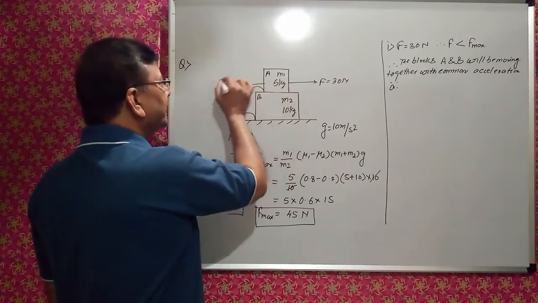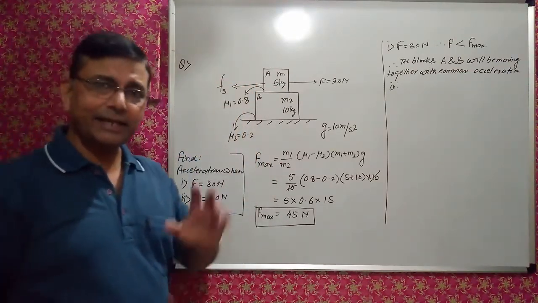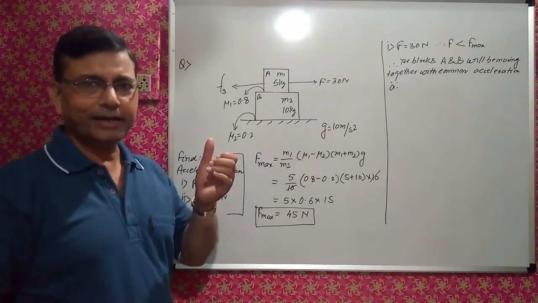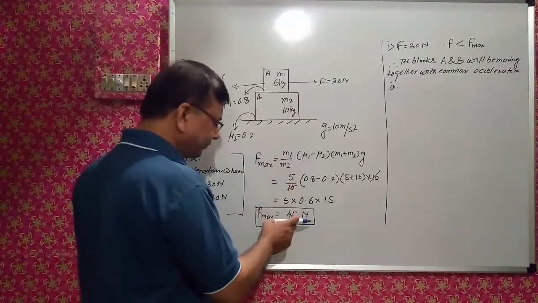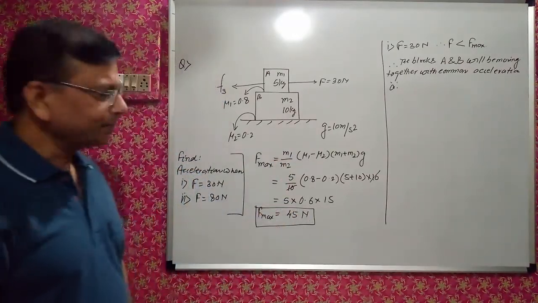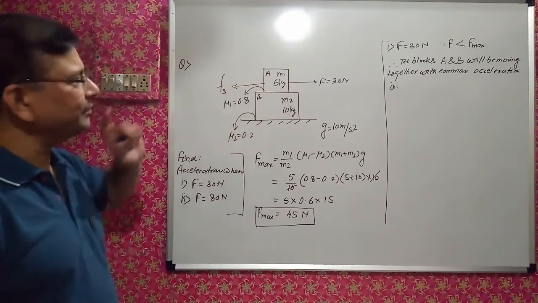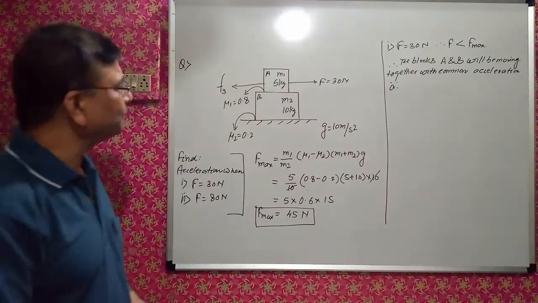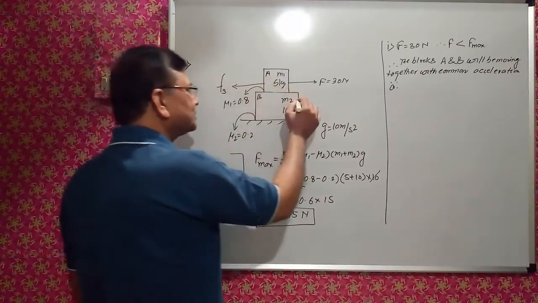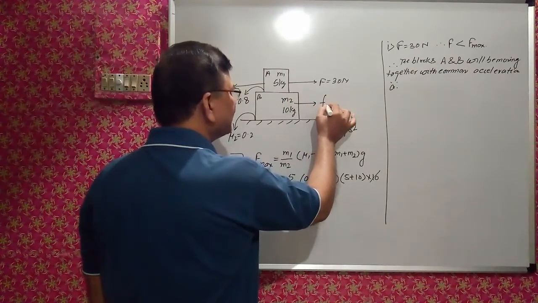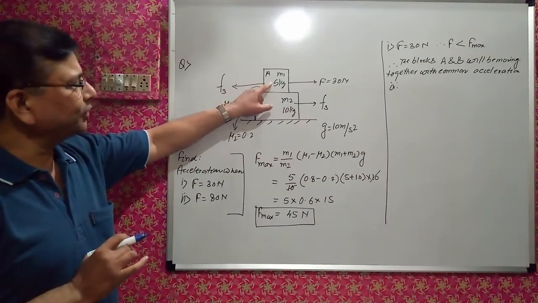Let it be Fs. Here static friction will be working, right? Static friction, why? Because it is less than the maximum force. Because these blocks will be moving together, so static friction will be working on it. Okay? Since this frictional force is acting on this block, so on this also Fs will work. And what is Fs? Frictional force acting on this.